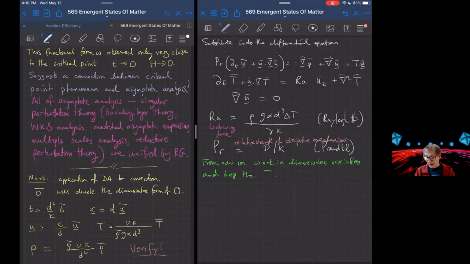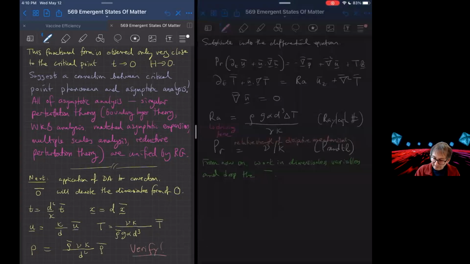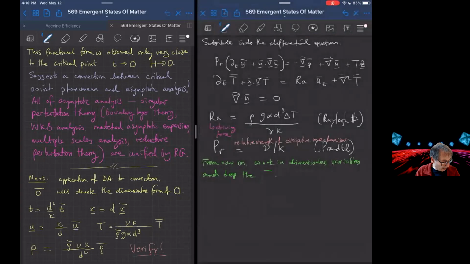Okay, so now we only have two numbers that we need to worry about, the Rayleigh number and the Prandtl number. Now let's take a look at the qualitative picture of the phase diagram.